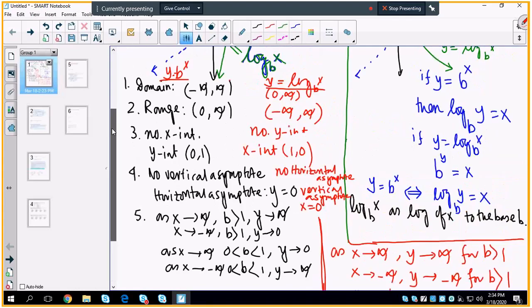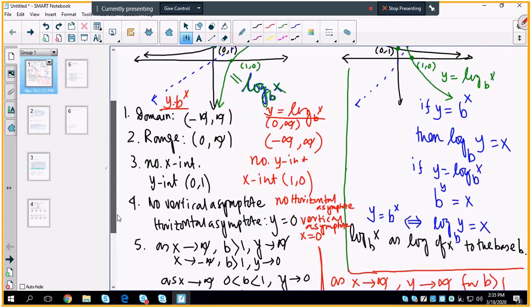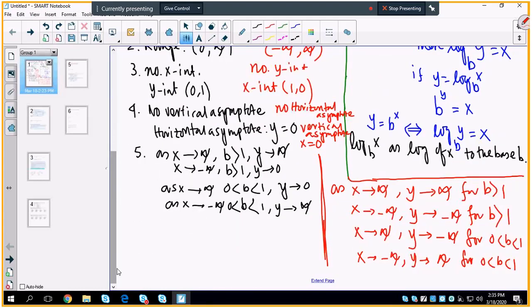So all the properties except the long run behavior can be understood just by recalling the very fact that functions and inverse functions are obtained by interchanging variables x and y.